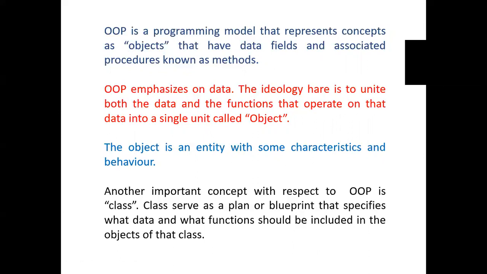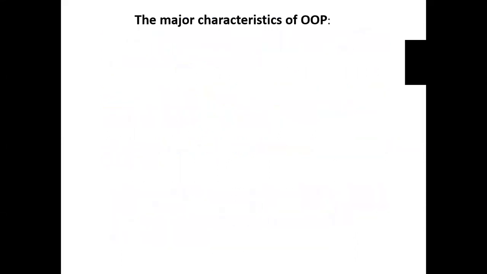Then we studied one more important concept of OOP, that is class. Class is nothing but a blueprint that specifies what data and what functions should be included in the objects of that class. After that, we started with the major characteristics of OOP. In that, we made a list. First one is object, second one is classes.